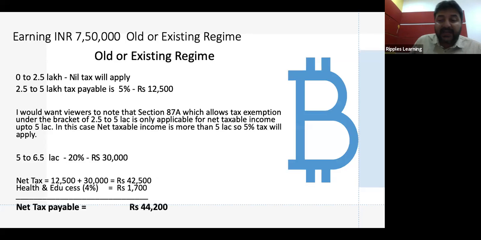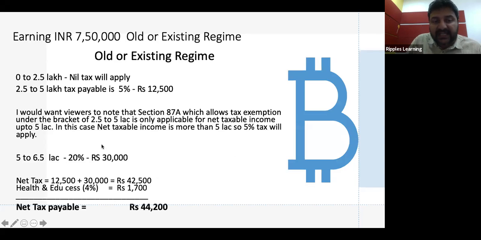So he'll end up paying 5% within that slab. So what is the slab? 2.5 to 5 lakh. So 5% of 2.5 lakh is 12,500 rupees. So you'll be paying 12,500 rupees tax here.